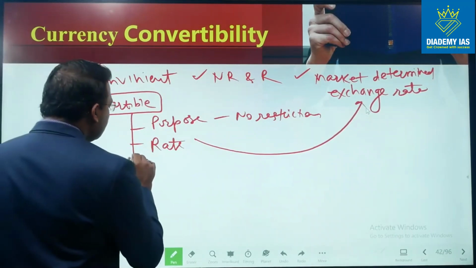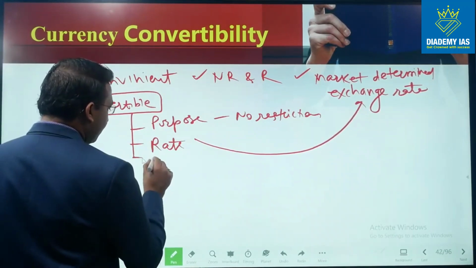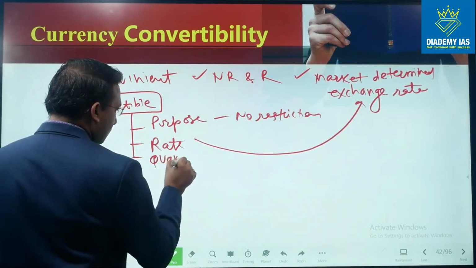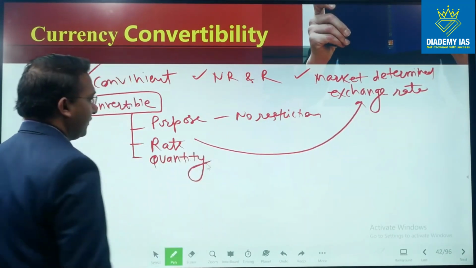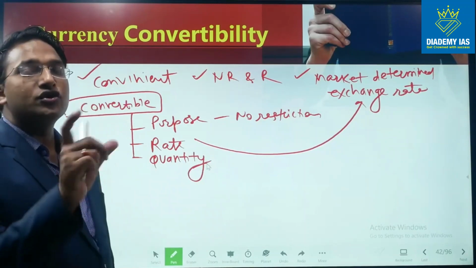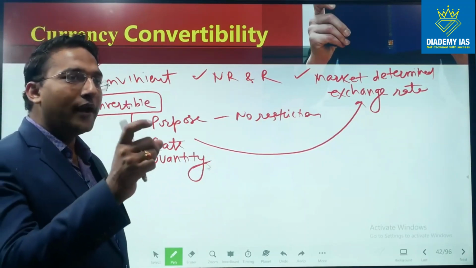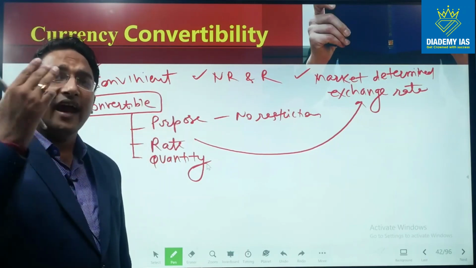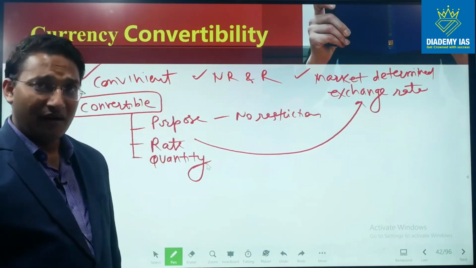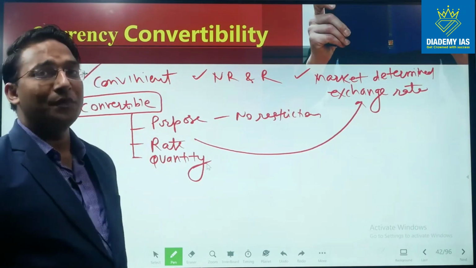And third, there is no control over the quantity. No one should say that you can convert only this much amount. Any amount of money can be converted. That level of freedom should be there.